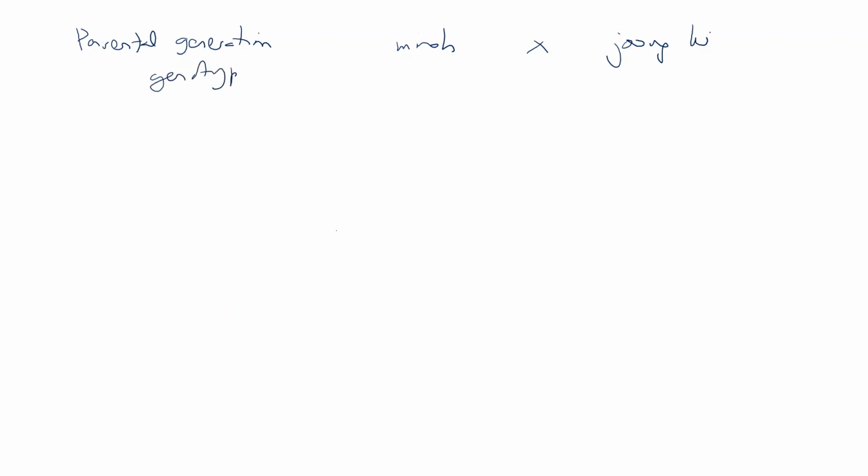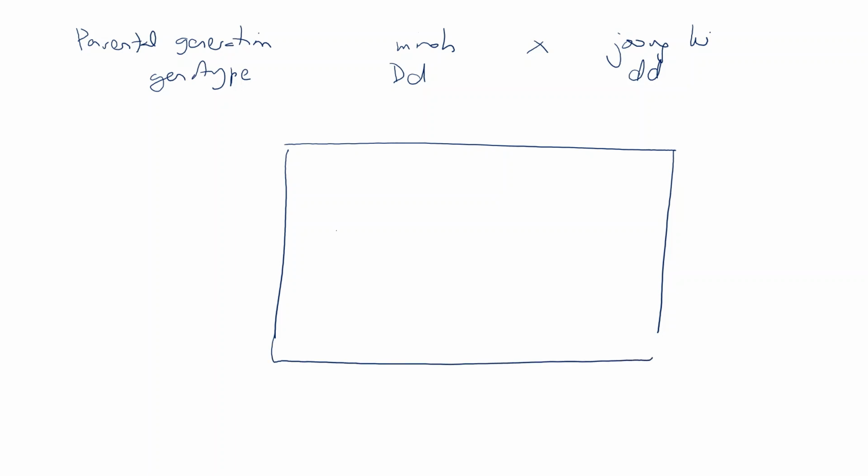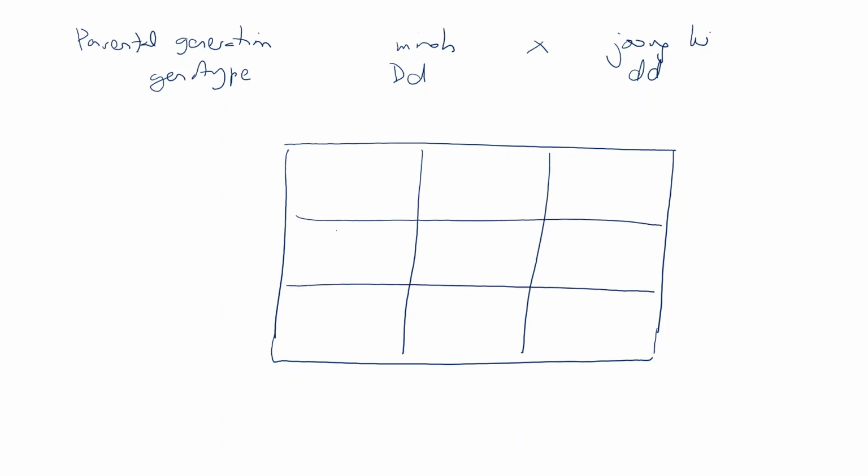Same thing. Genotype for Mina is capital D, small d. Junki is small d, small d. In this Punnett Square, we don't use arrows. Instead, we use a square, because it is called a Punnett Square. So you divide it into 3 columns and 3 rows, and the first box you divide in half.